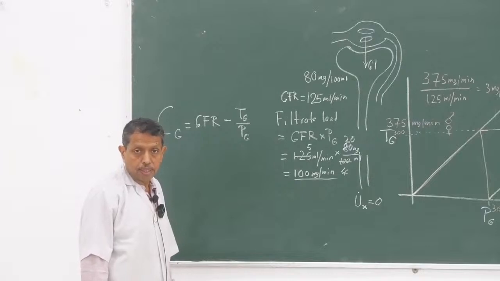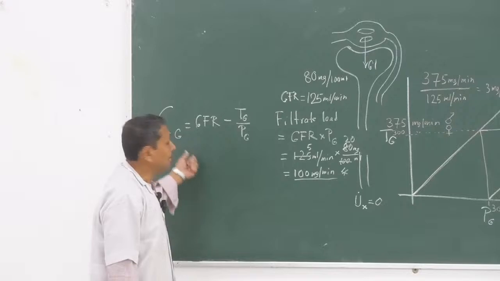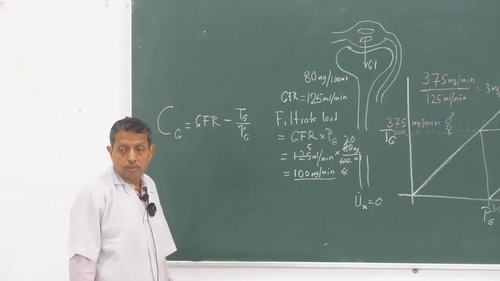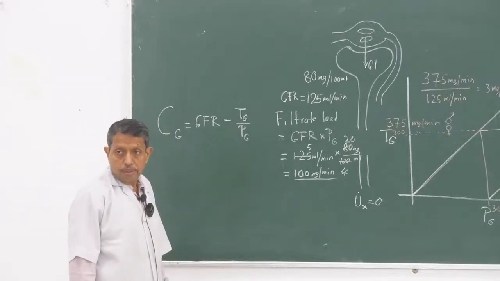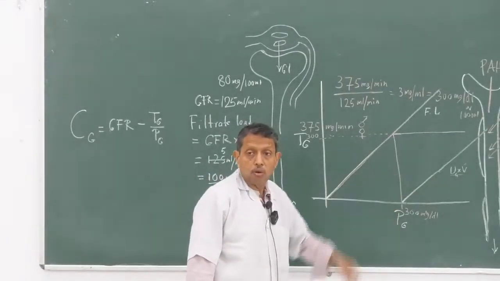Reabsorbed. And normally the clearance of glucose is 0. Normally, but when it exceeds this value, then it goes on increasing.